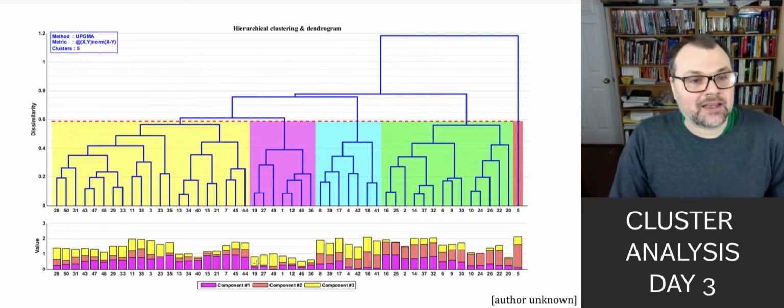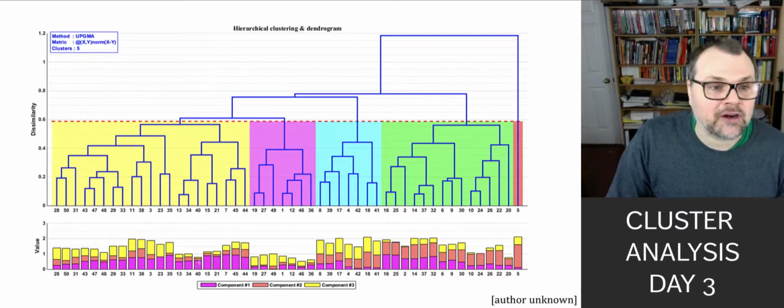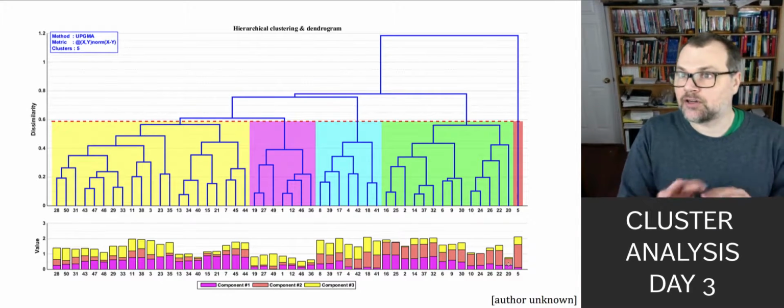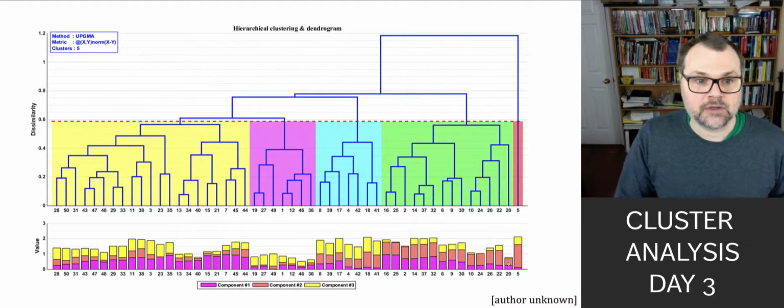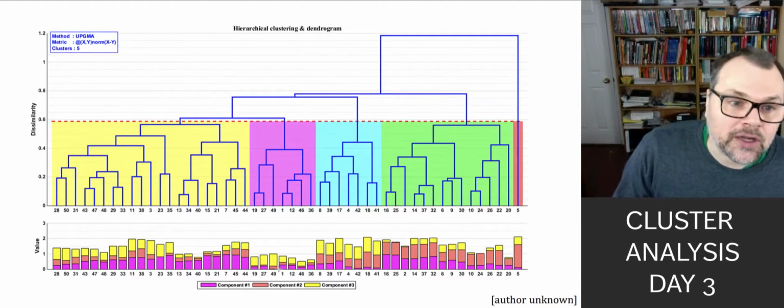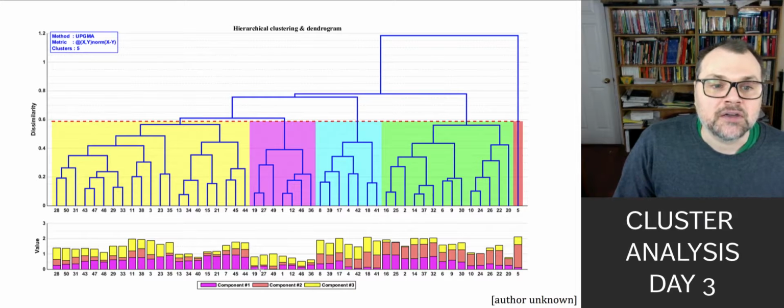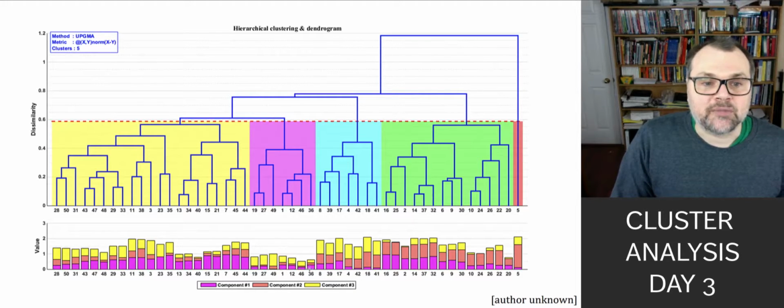It's not enough to say that they have small values, because look here, observation 40 is small, observation 20 is small, and they're in different clusters according to this. But there is some variation. Some of them have no violet, some of them have a little bit of violet.